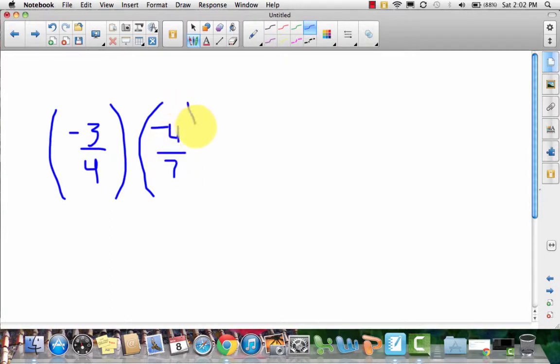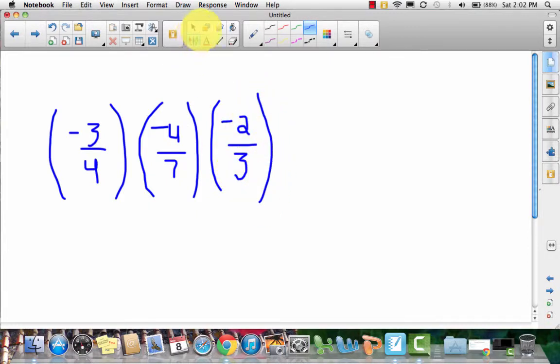And I want you to keep in mind the rule we talked about during class. I could actually look at my problem and, based on the number of negative signs I see, determine whether my answer will have a positive or a negative value. And I'm going to come over to the side and jot that rule down in case you forgot.